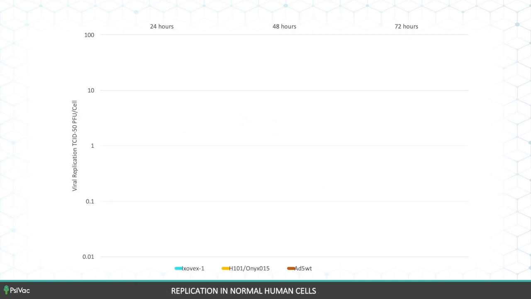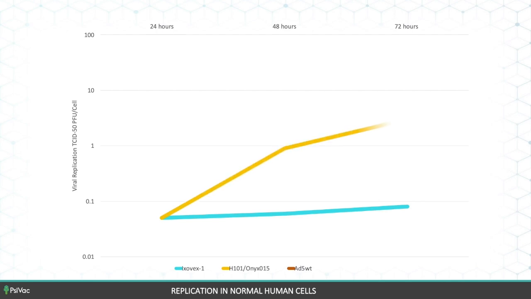Here we see replication assay in normal human epithelial cells. PsiVac replicates slowly and is significantly more effective than Onyx 015, and certainly better than the wild type. We therefore see that it is certainly safer than the commercially available Onyx 015 H101.